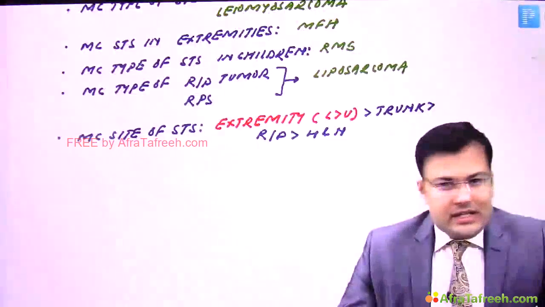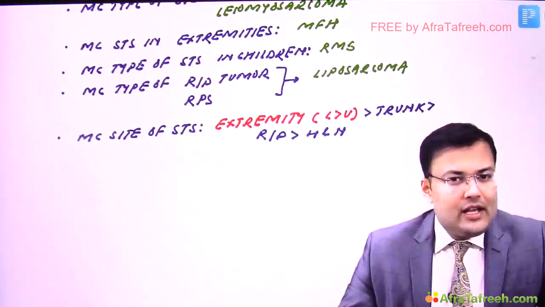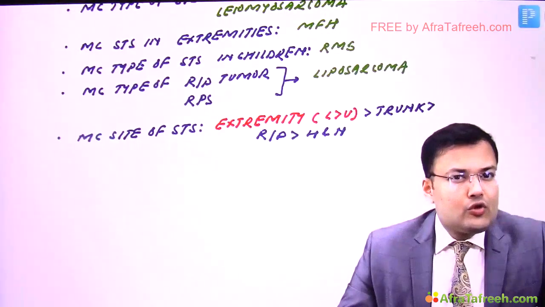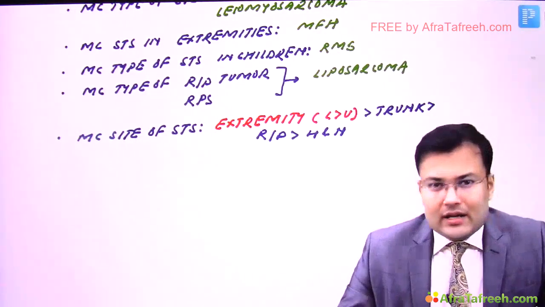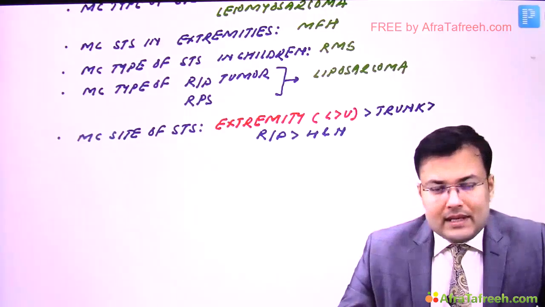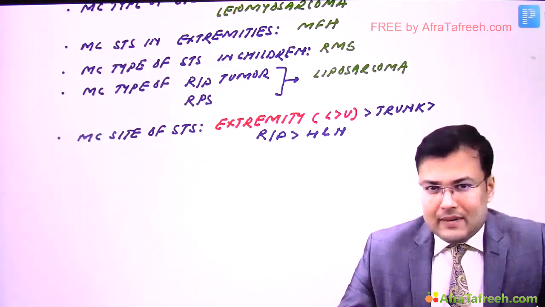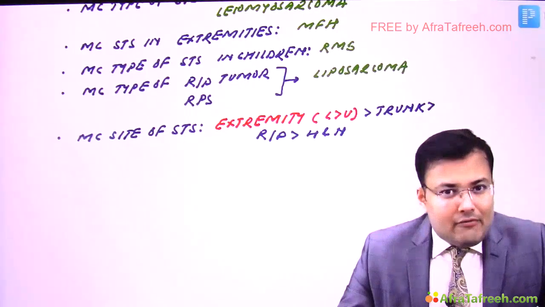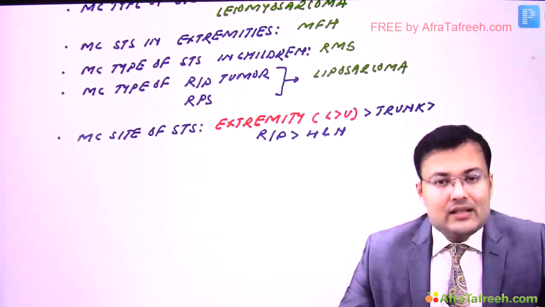Now there are certain basic principles which apply to most sarcomas. First, in soft tissue sarcoma, what is the most common route of spread? It's hematogenous. We discussed that in adenocarcinomas, the most common route of spread is lymphatic, and generally in sarcomas, the most common route of spread is hematogenous. And via hematogenous spread, the most common site of metastasis is the lungs.